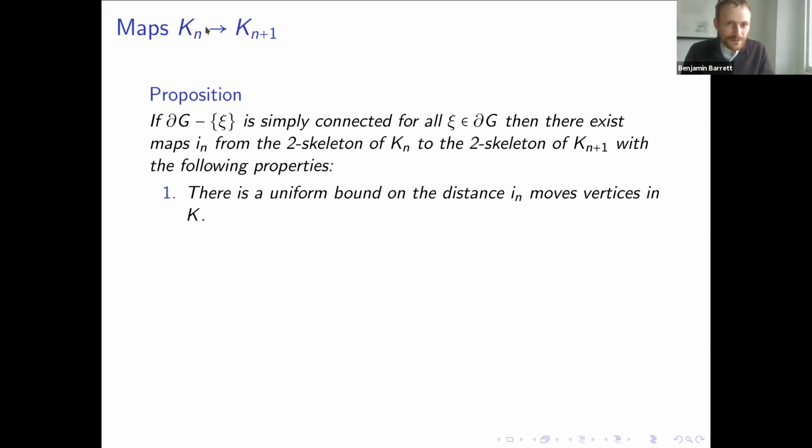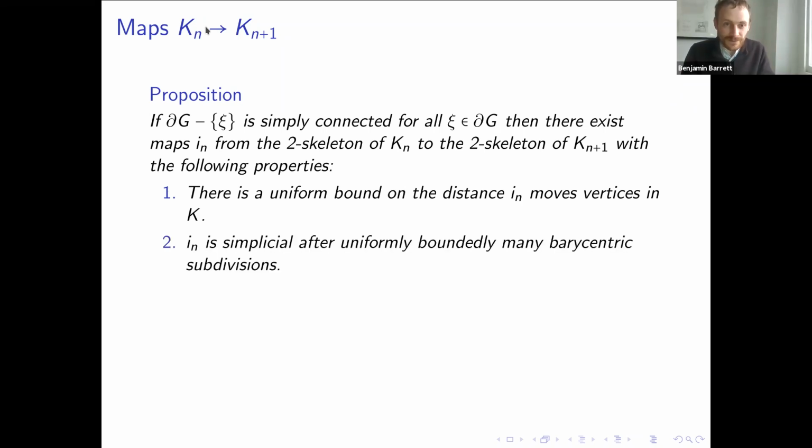First, I_n doesn't move vertices very far; there's a uniform bound on how far I_n moves anything. Secondly, I_n is simplicial after uniformly boundedly many barycentric subdivisions of K_n. This is a bit technical, but it's just saying there's a bound on the complexity of these maps.